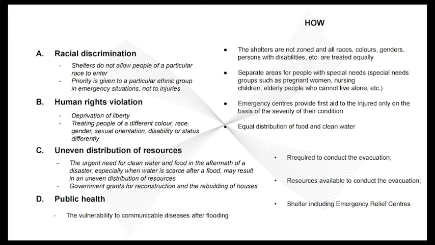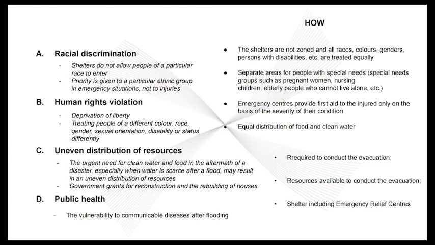So after the flooding, we need to build a shelter, and in the shelter racial discrimination and human rights violations might happen. For example, the shelter might not allow people of a particular race to enter. So in our design, we don't allow them to separate the area, and everyone is equal and free.